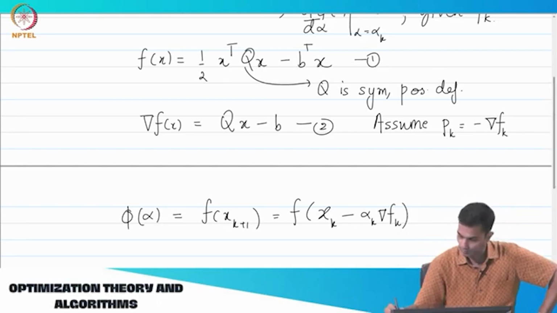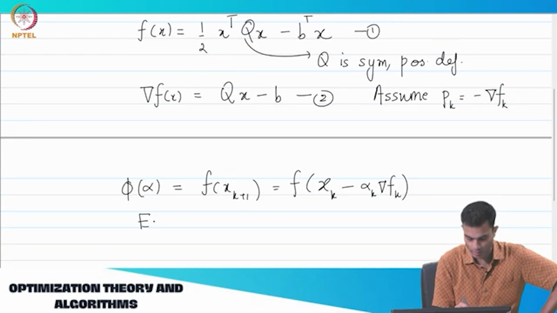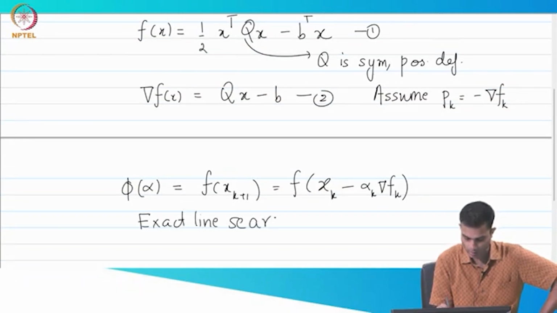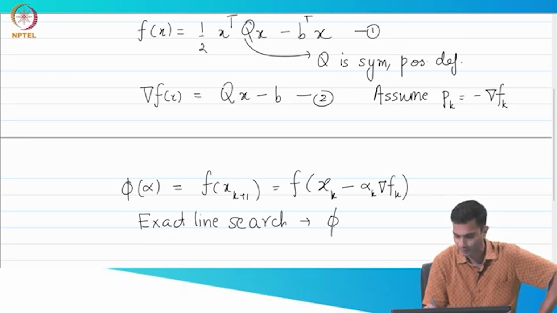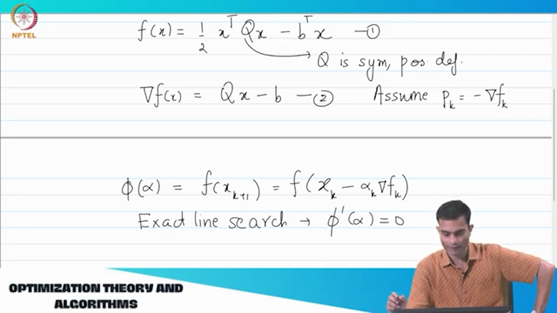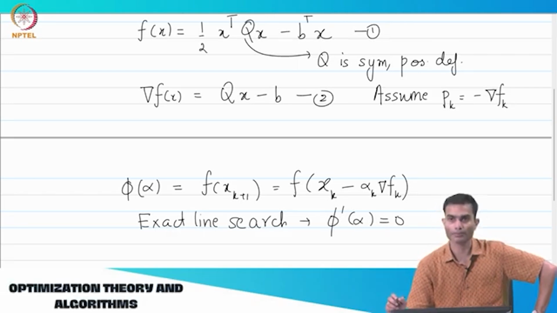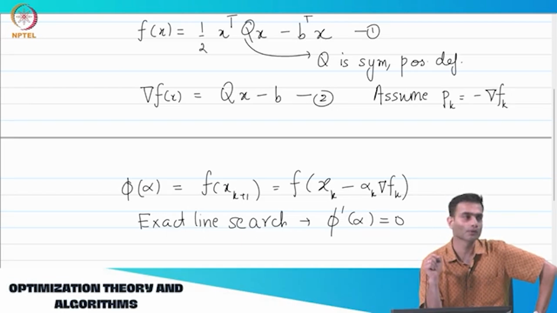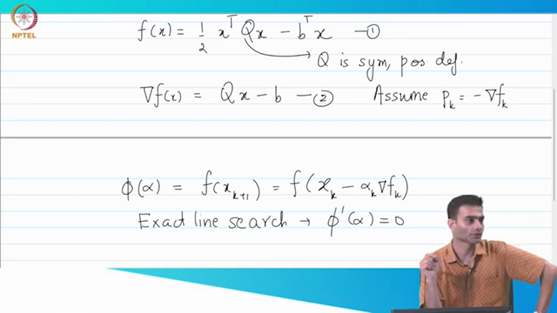Now, exact line search implies that phi dash alpha equals 0, right? And you can see that I have already computed phi dash alpha in the past using which rule? Chain rule, right?